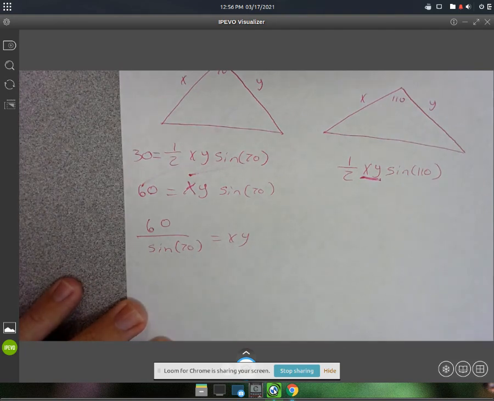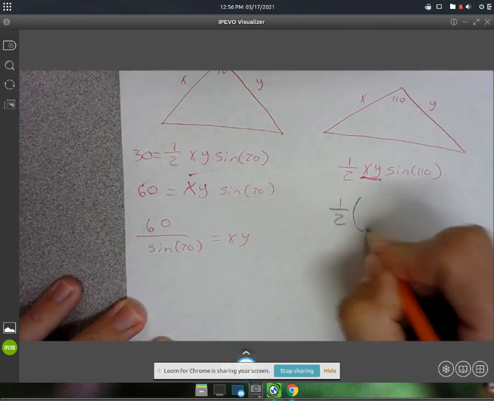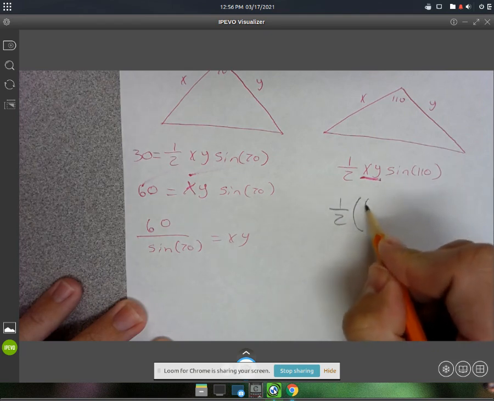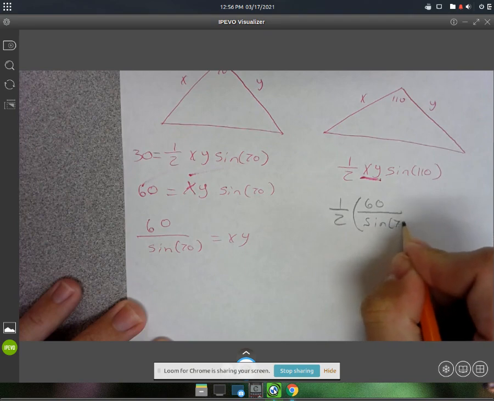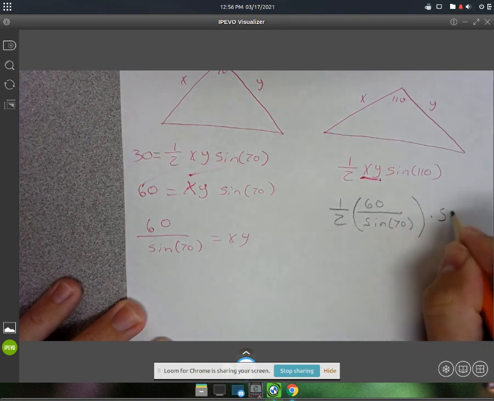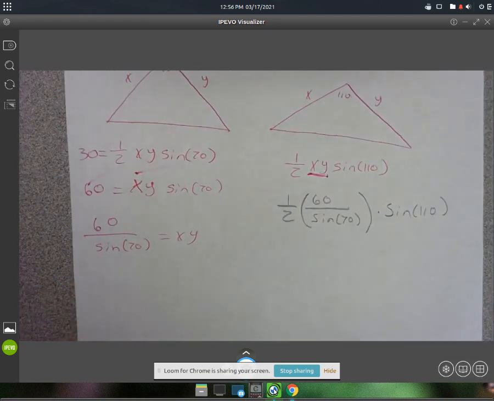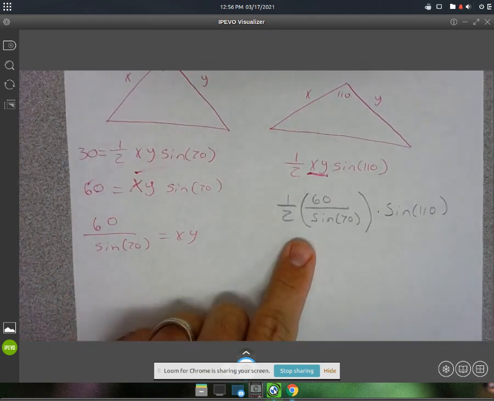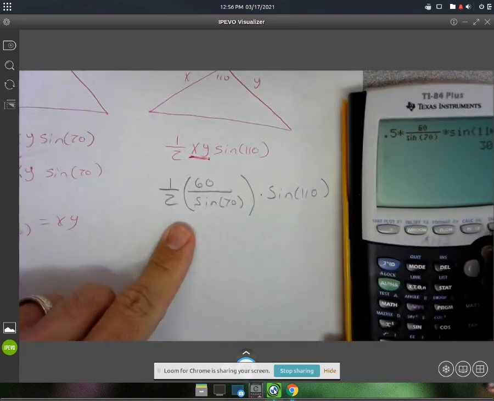So now I can just make a direct replacement. It's going to be 1/2, and then instead of xy, I'm going to have 60 over sine of 70, and then times the sine of 110. Cool. And then from here, we can just throw this into the calculator and see what comes out.